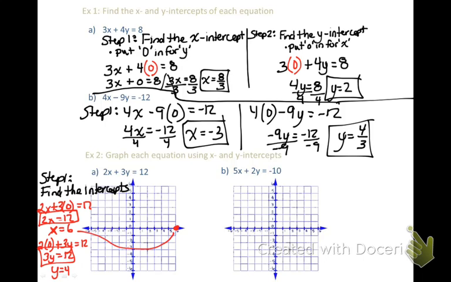So if you notice, that goes there. And y equals 4 goes there. And then you have your 2 points on your line. And you put a line between them, and you have your graph.